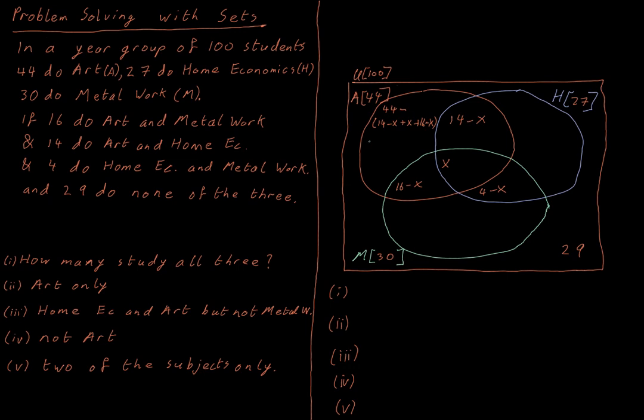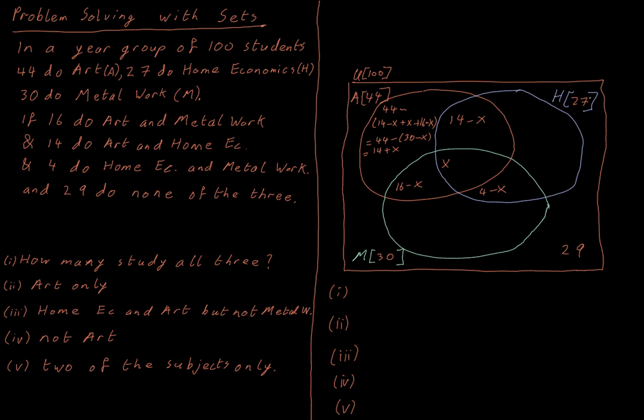And we add all of that up. That would be 44 minus 30 minus x, I should say. So we end up with 14 plus x. That's the number of people in here.